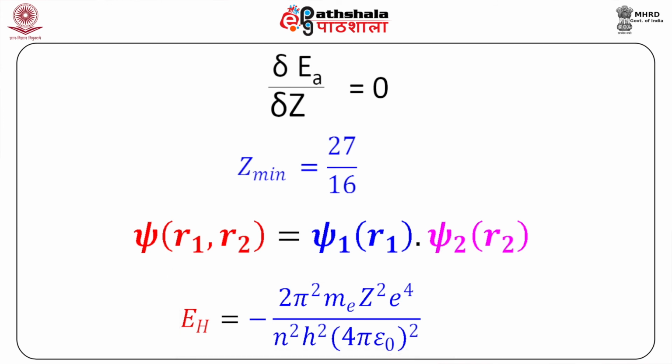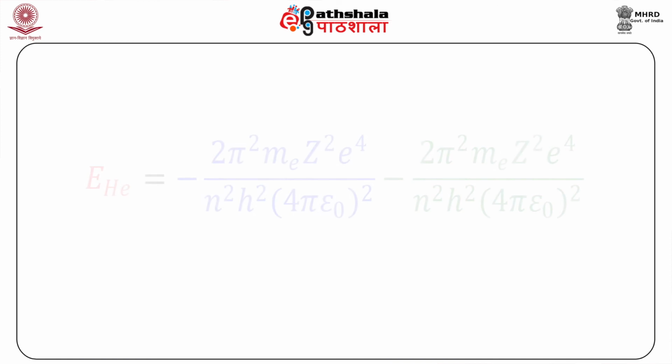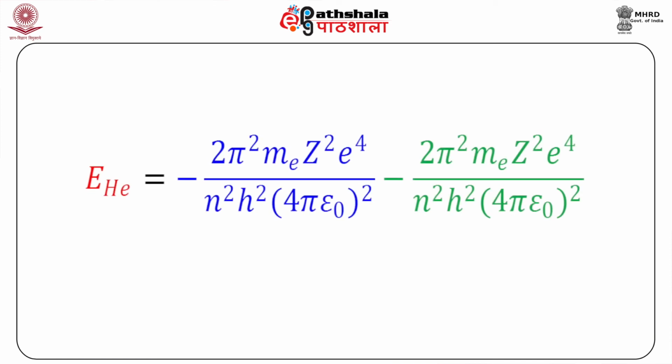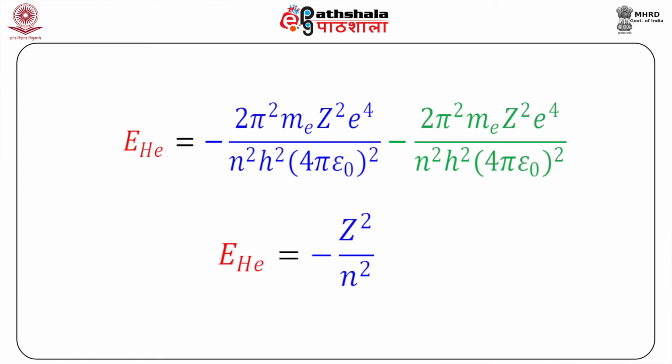So the helium atom energy now becomes as shown in equation 20a, minus, in numerator, 2 pi square me z square e to the power 4 upon n square h square into 4 pi epsilon naught whole square, minus, in numerator, 2 pi square me z square e to the power 4 upon, in denominator, n square h square into 4 pi epsilon naught whole square for each respective electron, which on simplification in terms of atomic units gives us expression 20 with n equal to 1 for ground state.